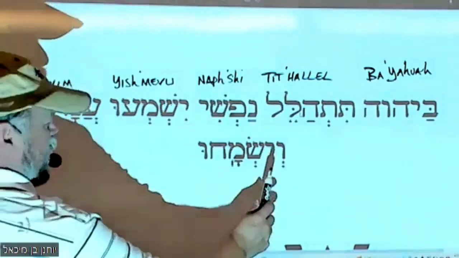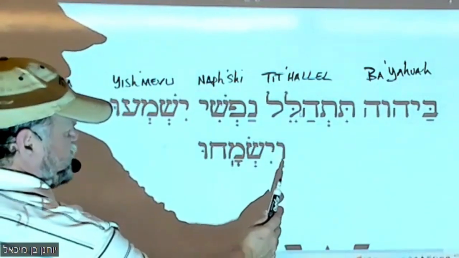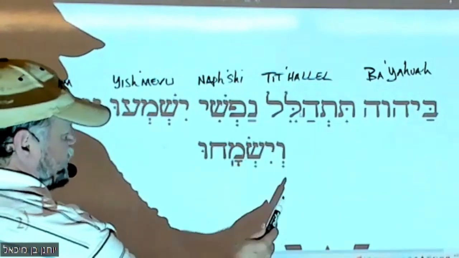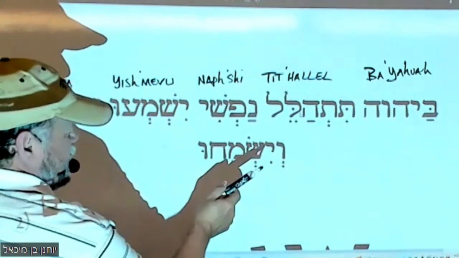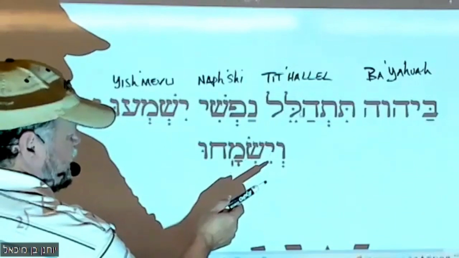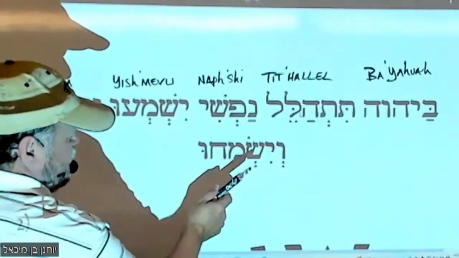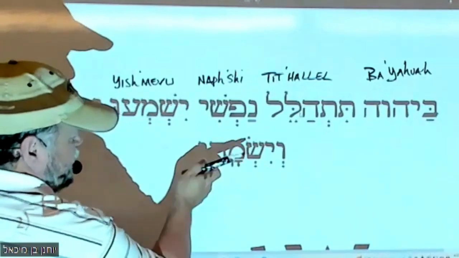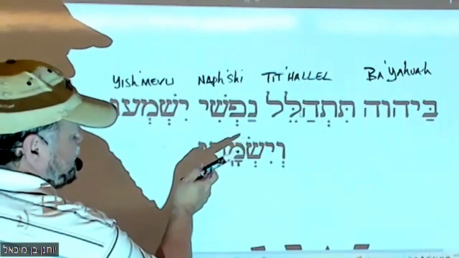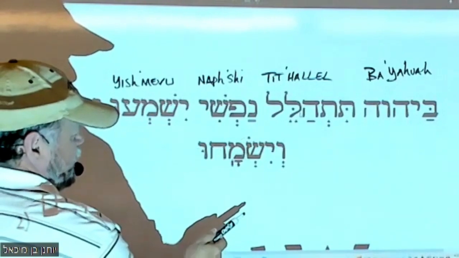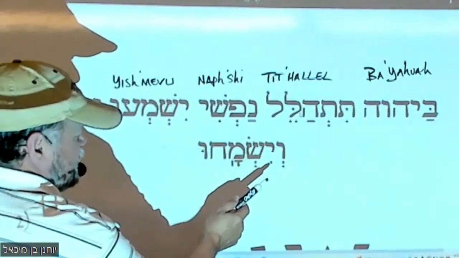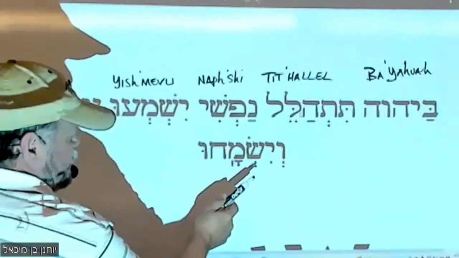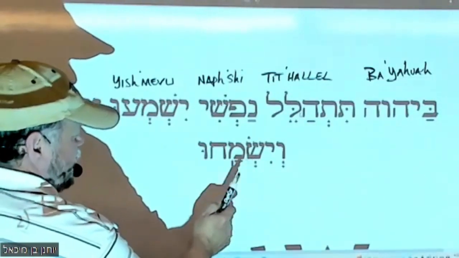All right, we have a wa with a vocal shva because we're at the beginning of a word. So we've got to use the V sound here too. So we have ve. Then we have the yud pointed kirik, yi. Then we have what letter? Sin. Indicators on the left-hand side, so we got to pronounce it as an S now. All right? And we're following what kind of duration vowel point? Kirik is short, so that's a closed or silent shva.